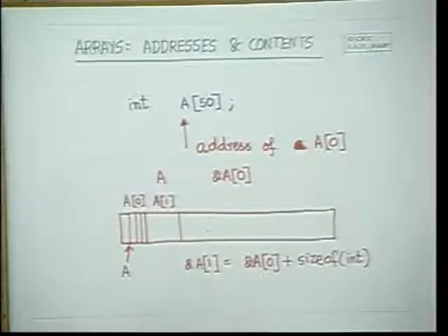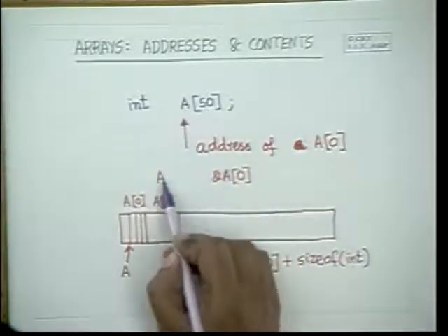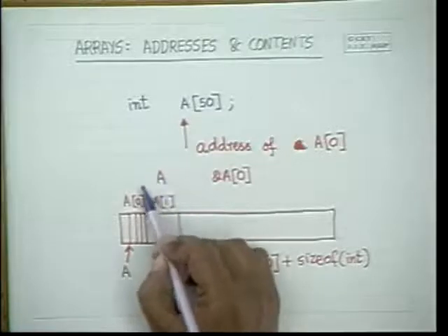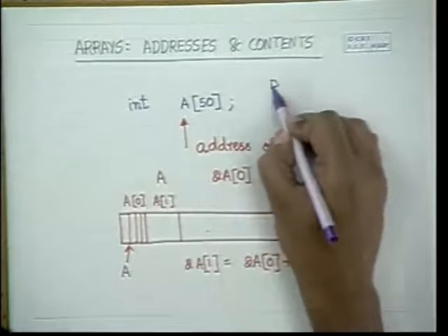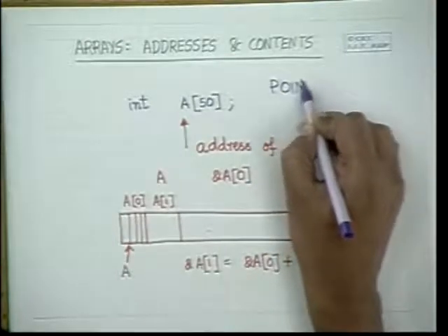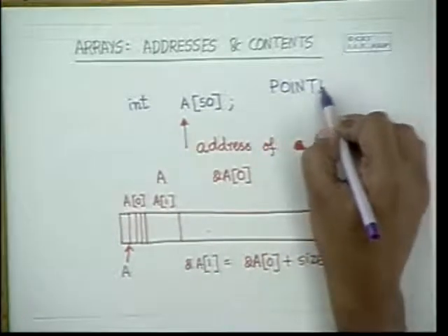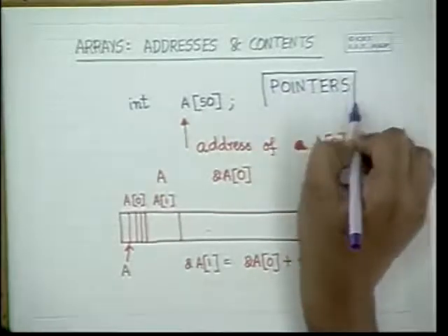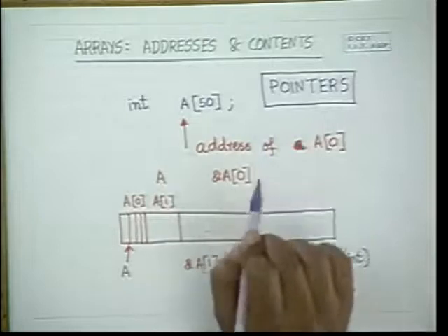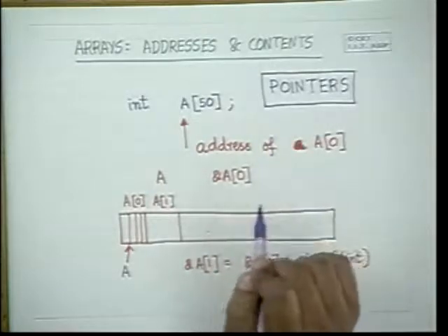In C, these addresses have values, and these addresses are also known by a very popular term: they are pointers to locations.